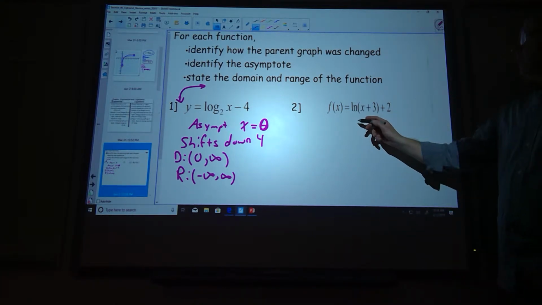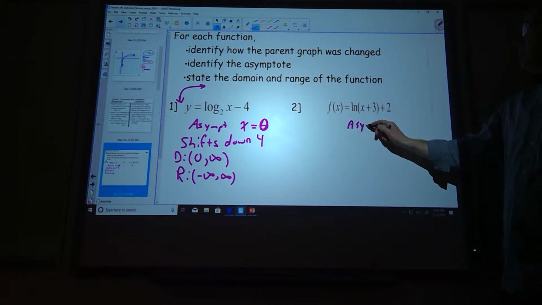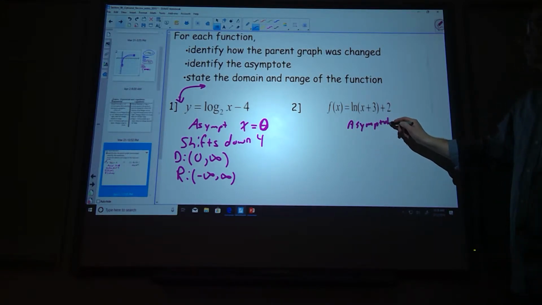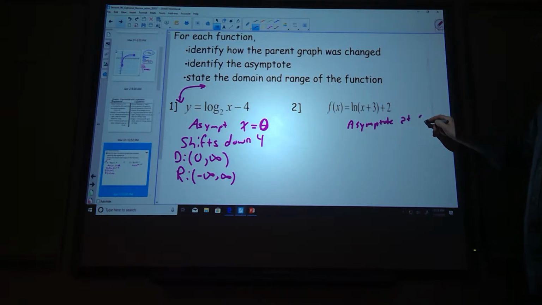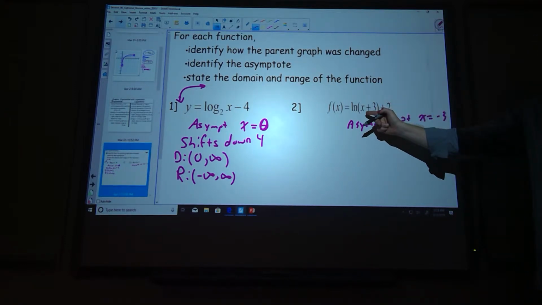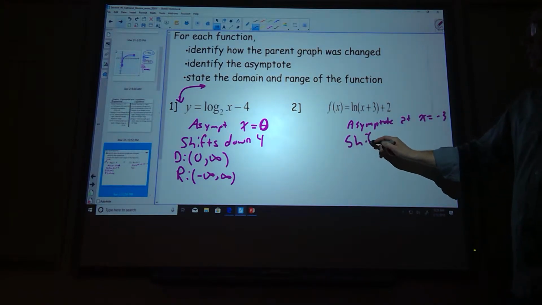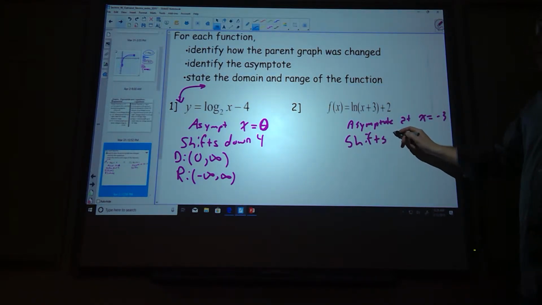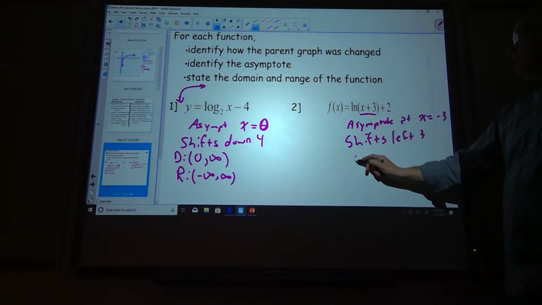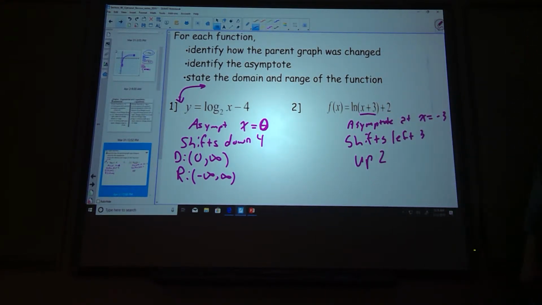This one is going to have an asymptote at x equals -3. It's opposite of that. So this shifts left 3 because it's grouped, and up 2.